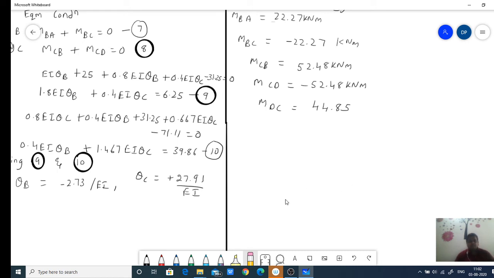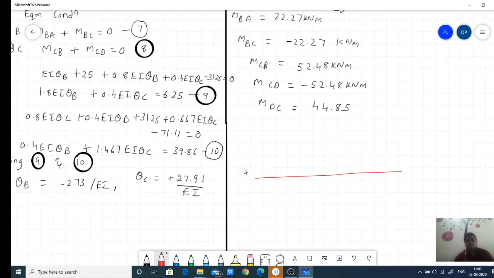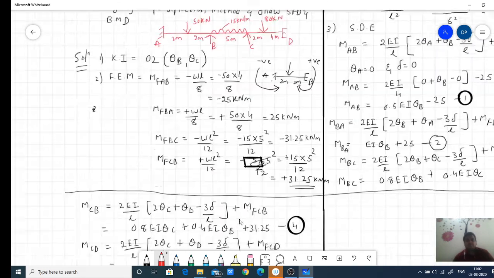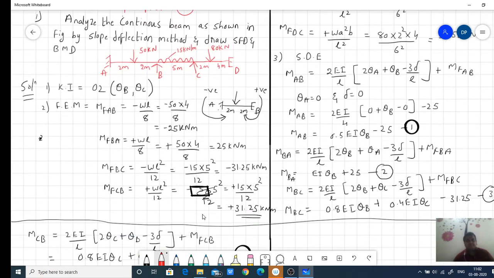Right, so if you see the loading diagram, with respect to that I am drawing the bending moment diagram. First there is a point load here, so with respect to that point load, I will come to this particular diagram.